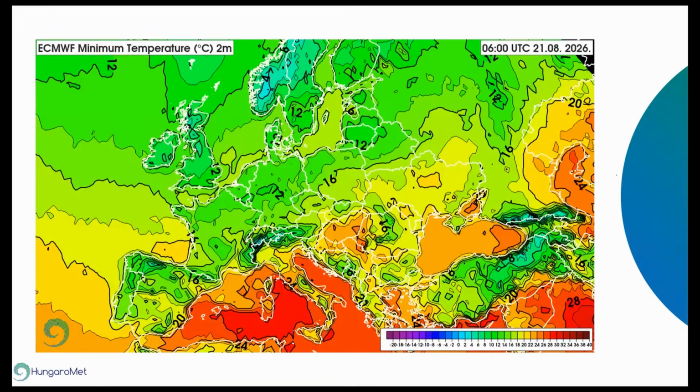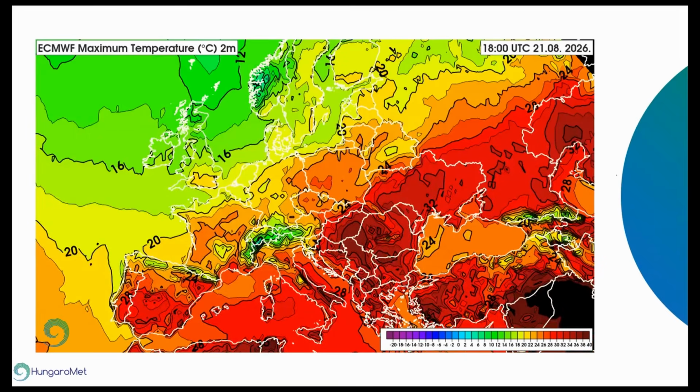The minimum temperatures are expected around these days, around 12 Celsius in the north, and then 16 to 20 in the south. But this will only get warmer as the anticyclone approaches and after the cold front passes through.